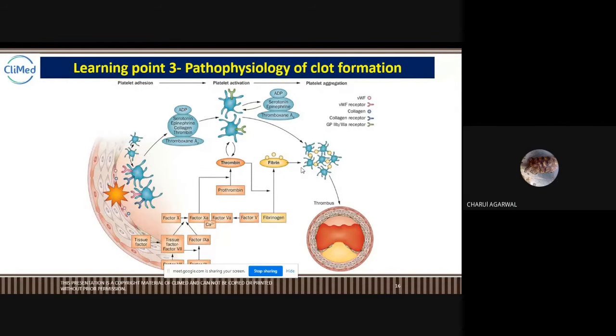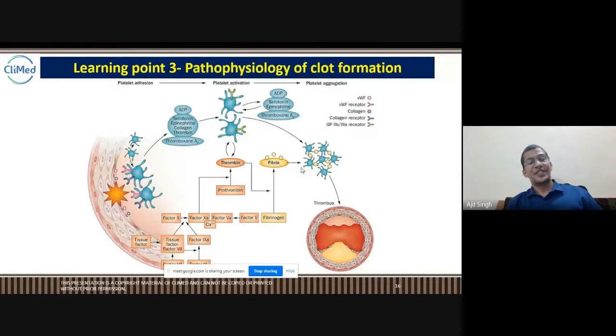Excuse me, sir. Yes. Could you just repeat after fibrin formation? See, when fibrin is formed, it will go to the platelets which are aggregated together with the help of other platelet factors like VWF, collagen, and GP2B3A receptors.